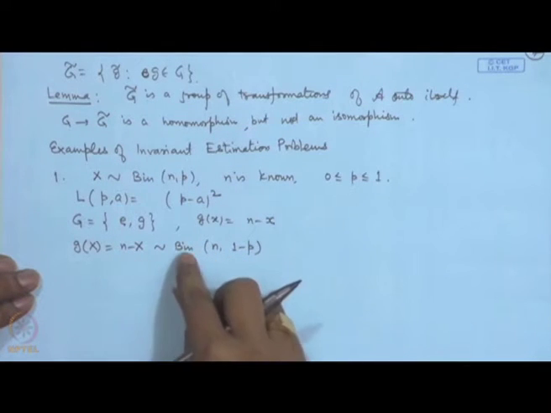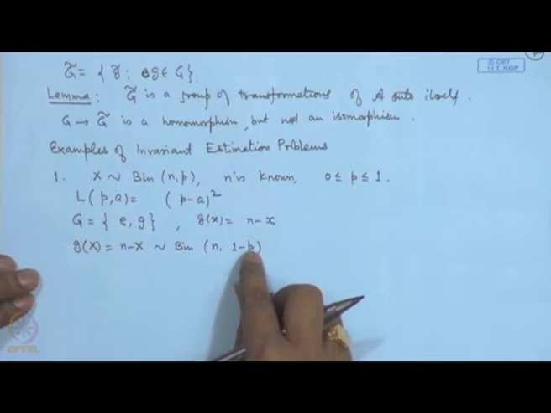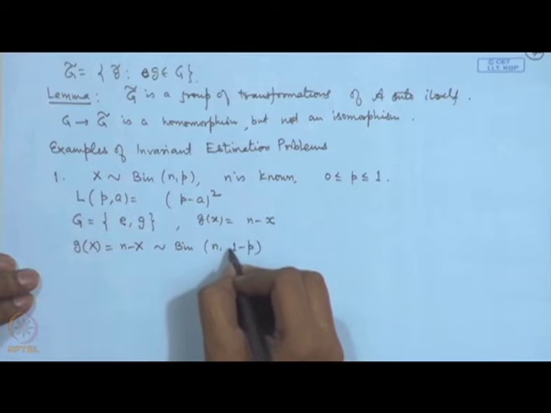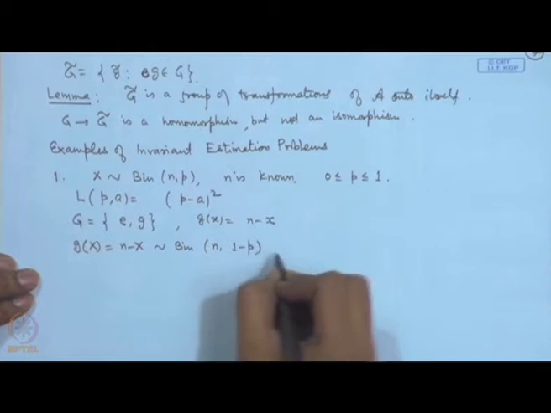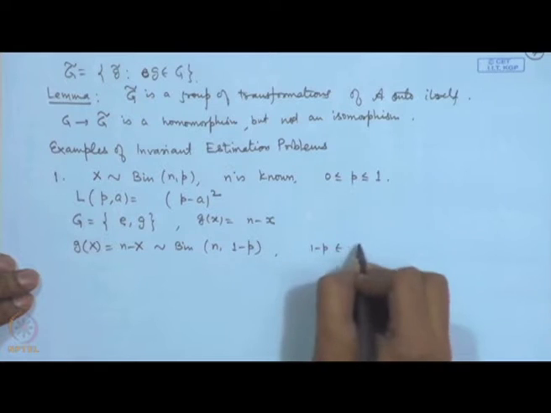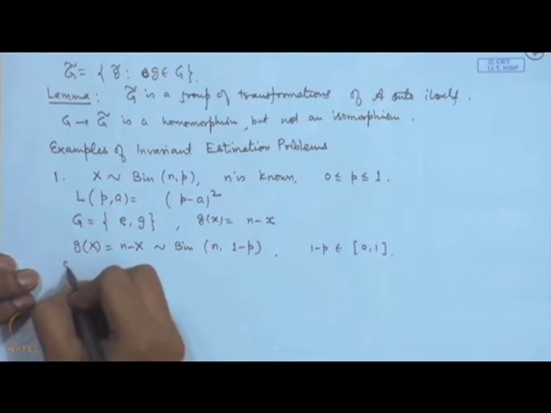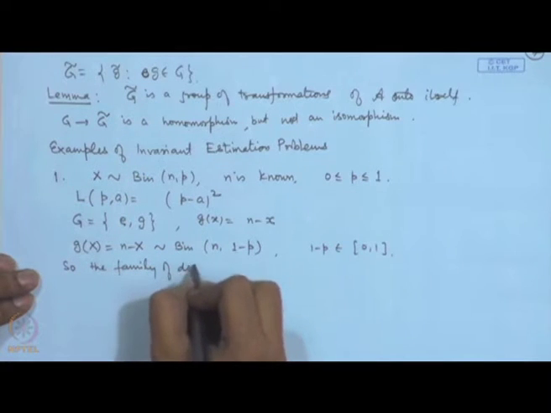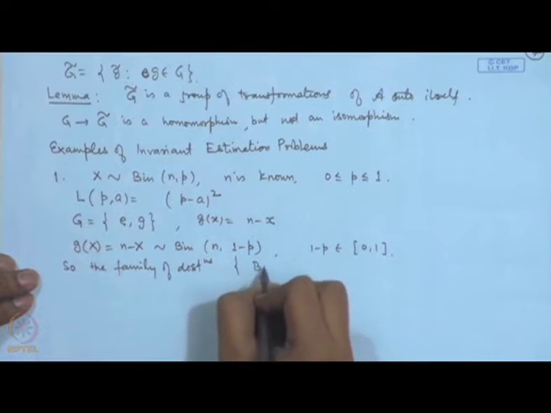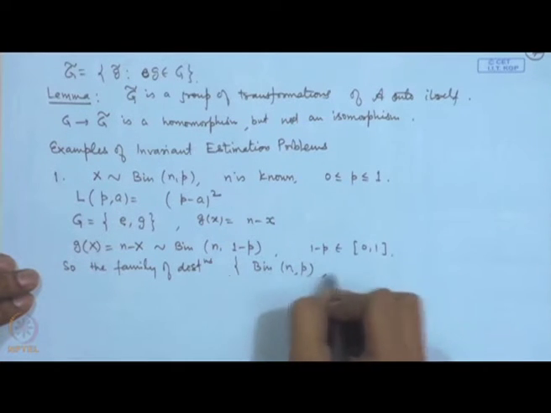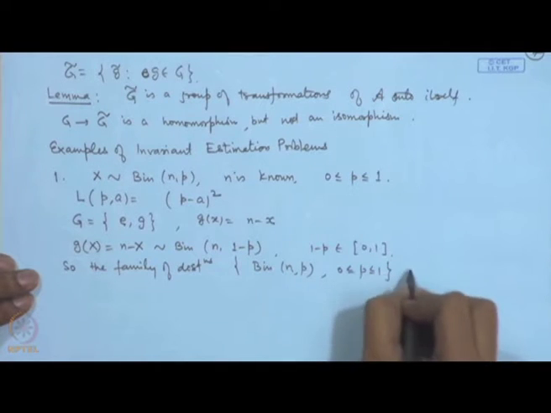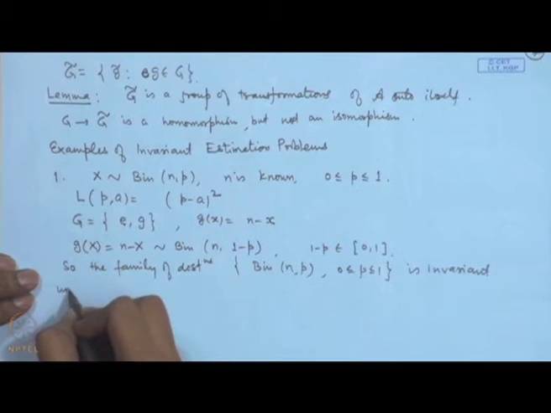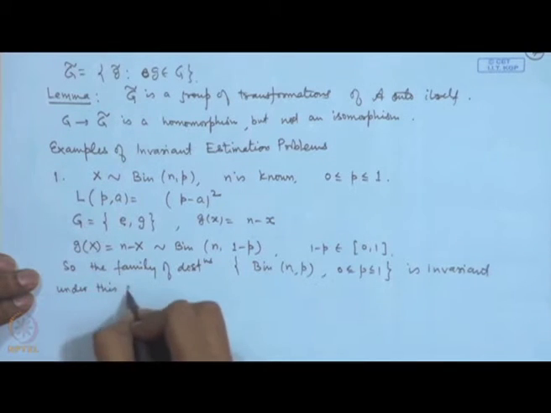So, if p lies between 0 to 1, then 1 minus p also lies between 0 to 1. So, the family of binomial n p distributions here, where n is known, but p varies between 0 to 1, is invariant under this group G.